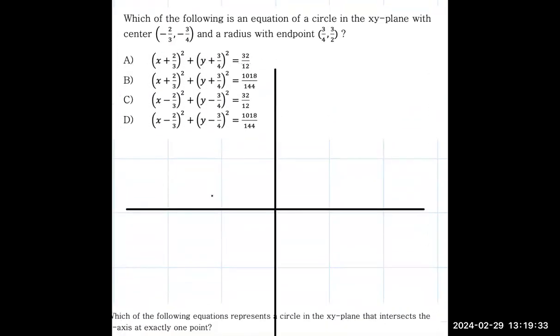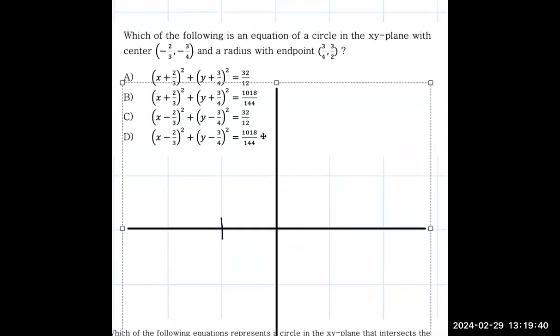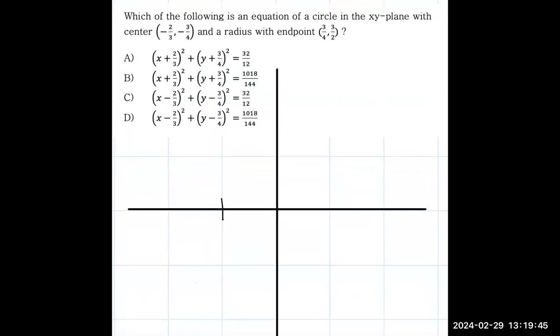So the center is at -2/3 and -3/4. So let's say -2/3 is around here, -3/4 around here. So generally speaking, it's right there. The endpoint of the radius is at 3/4 and 3/2, so around 1.5.